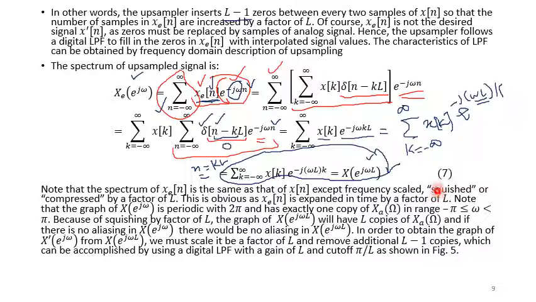Because the signal in the time domain is stretched, as we have added some zeros, followed by low pass filtering, we have increased the number of samples in the time domain. We can also say that we have reduced the time interval. So the signal is stretched in the time domain, and because of the relationship between frequency and time, it will be compressed by a factor of L in the frequency domain.